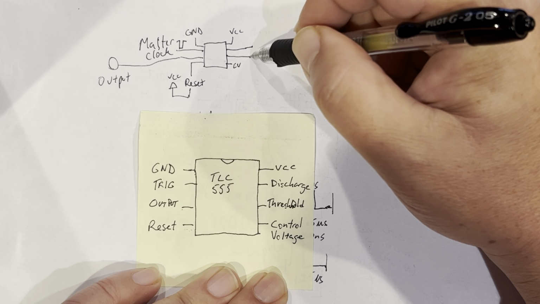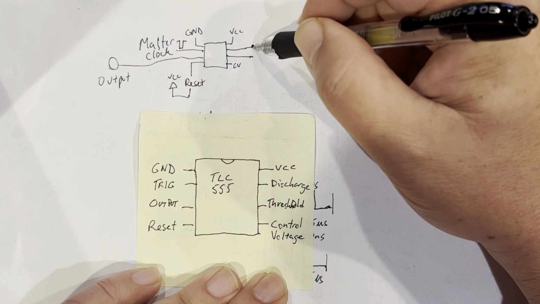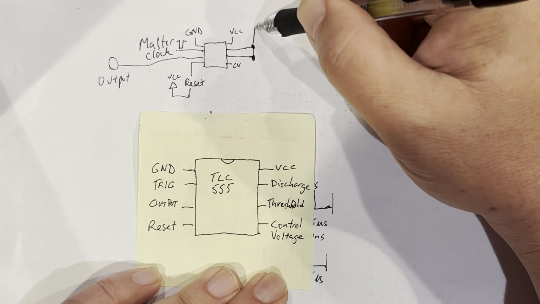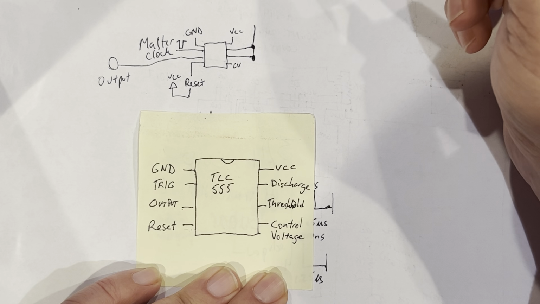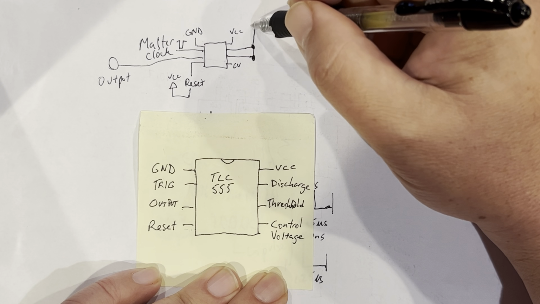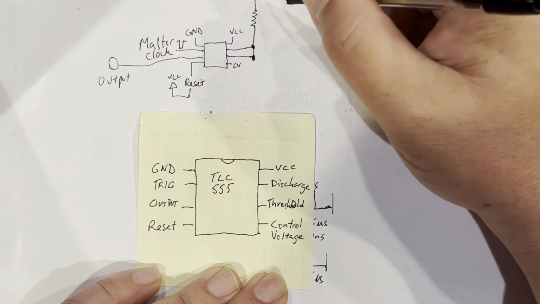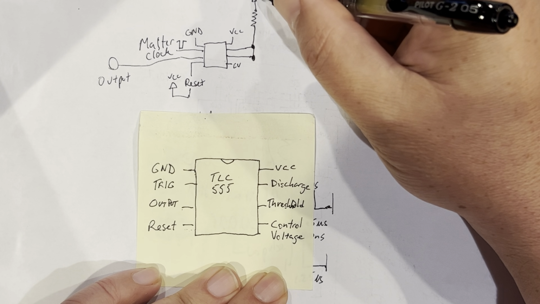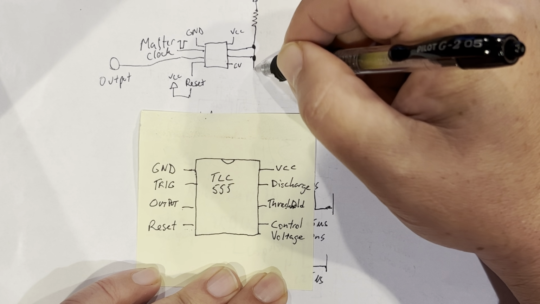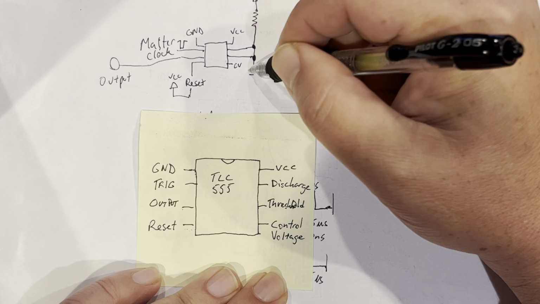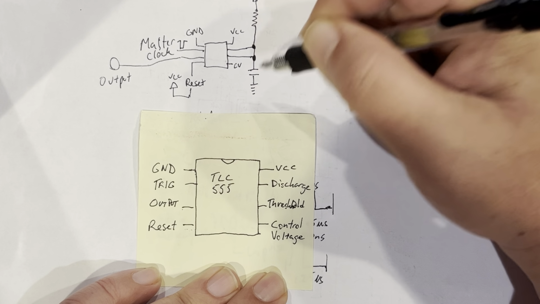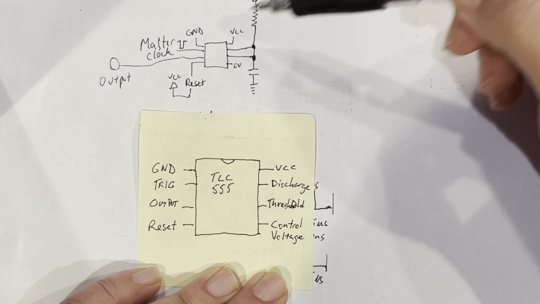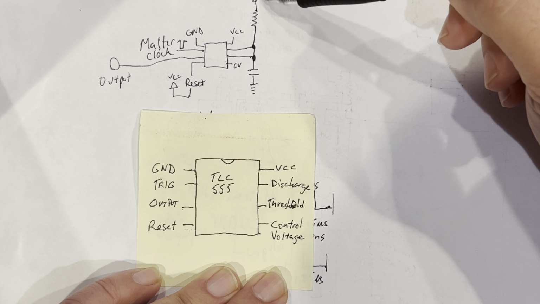And so you want a monostable pulse. The easiest way to generate a monostable pulse with a 555 timer is you need a resistor and a capacitor to ground. And what happens is every time you put a low pulse here, this triggers the capacitor.